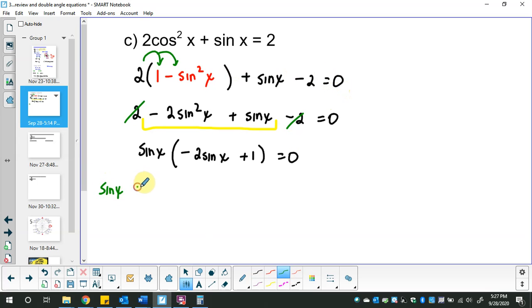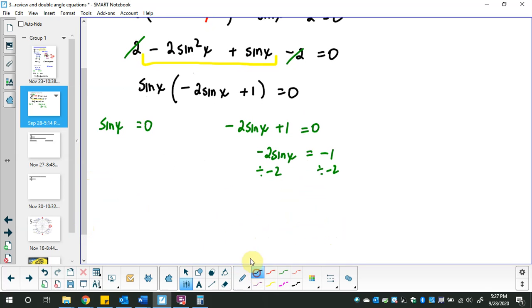So sine x is equal to 0. Negative 2 sine x plus 1 is equal to 0. Take the 1 across the equal sign and reverse its operation. Divide both sides by negative 2.